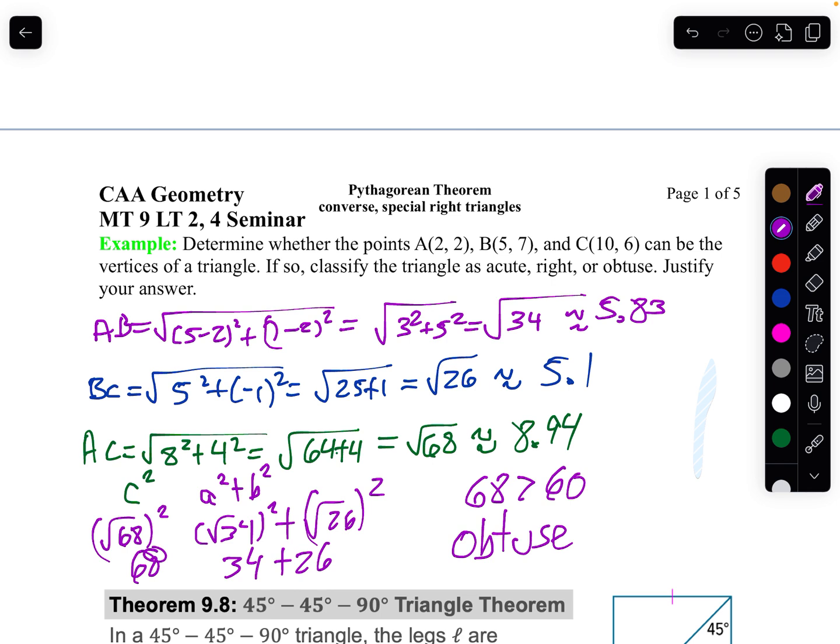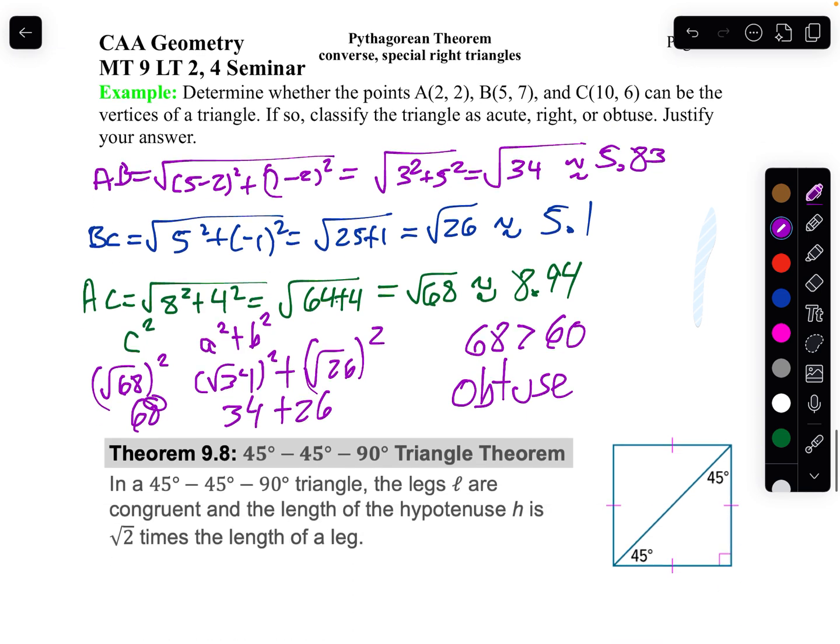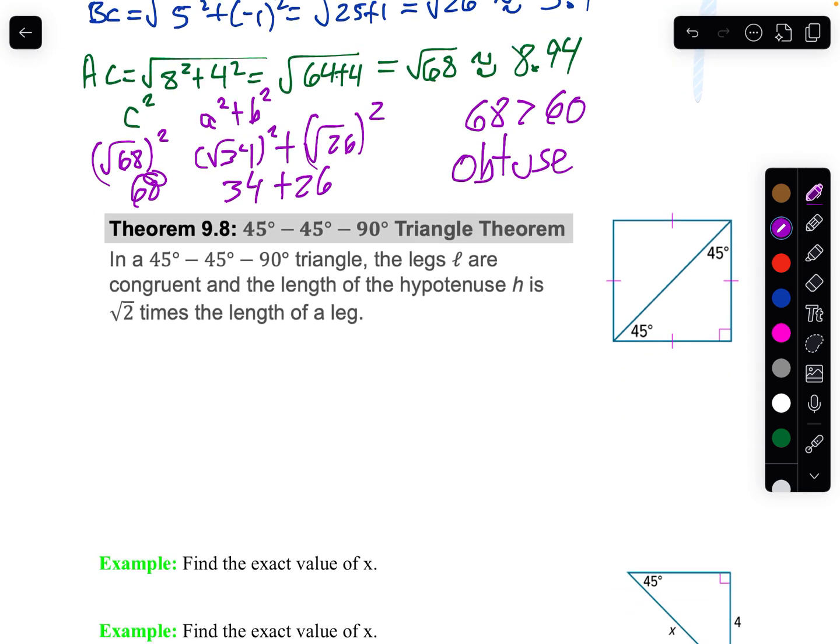Now we do have two special cases of triangles. The first one is an isosceles right triangle. So I'm going to come up with an expression for C here. C squared equals A squared, which is X squared, plus X squared.